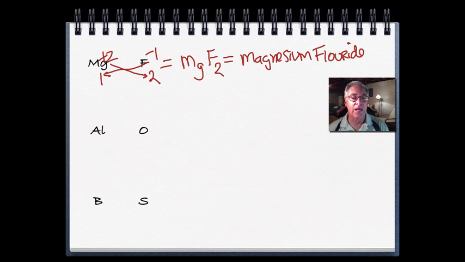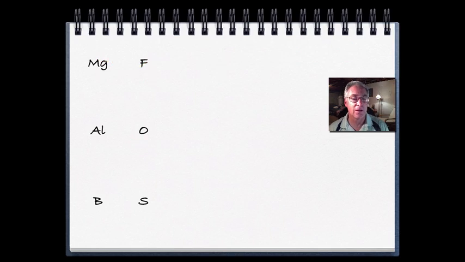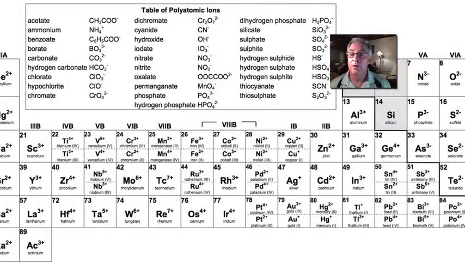So let's take a look at doing the next one. We have, of course, aluminum and oxygen. Aluminum is +3, so we have to remember that. And then oxygen is -2.